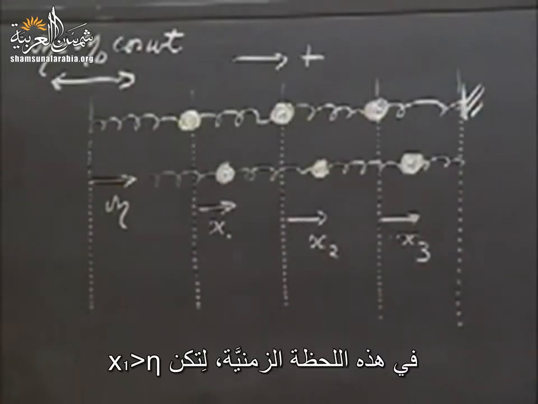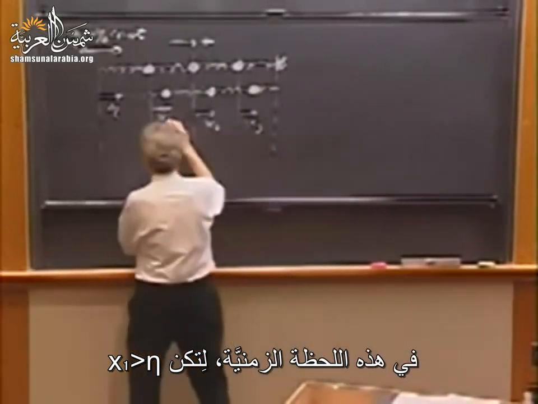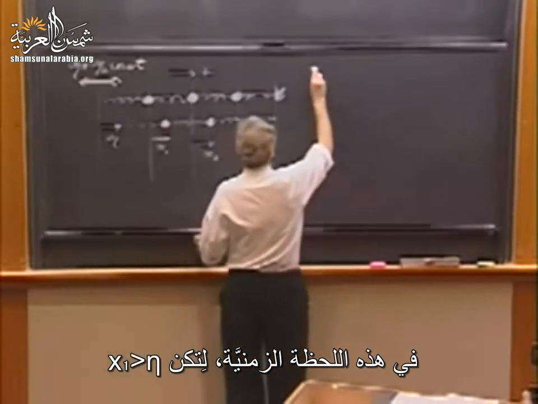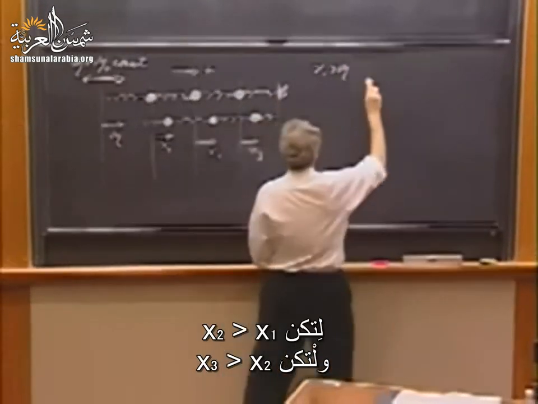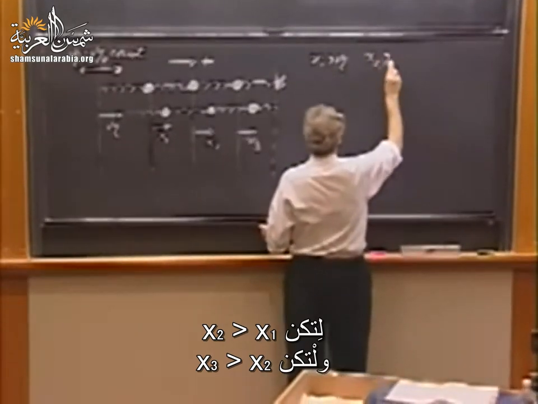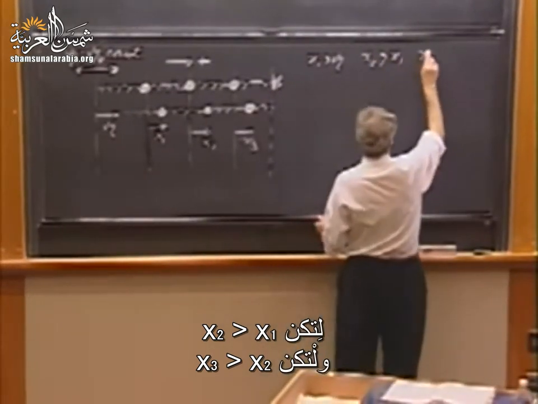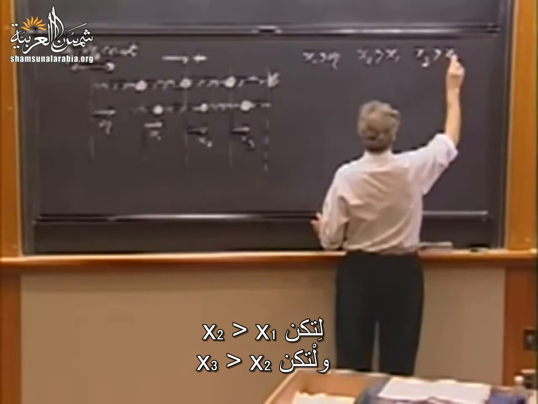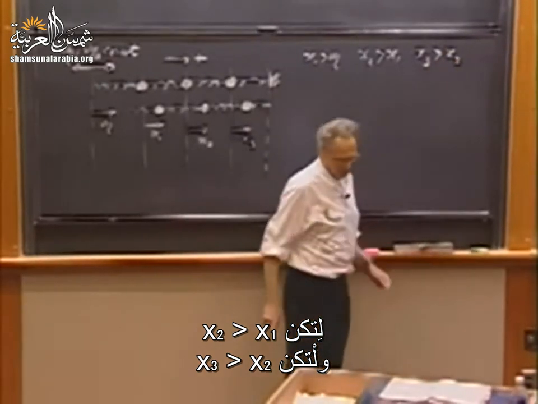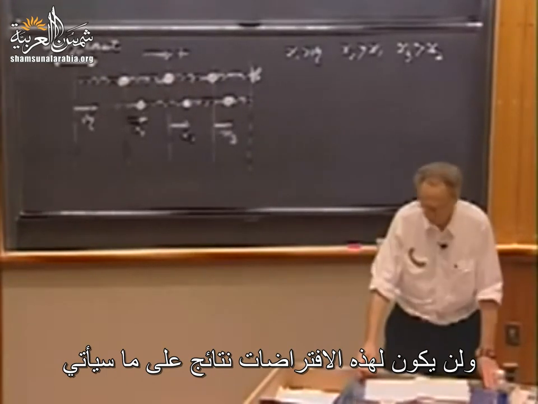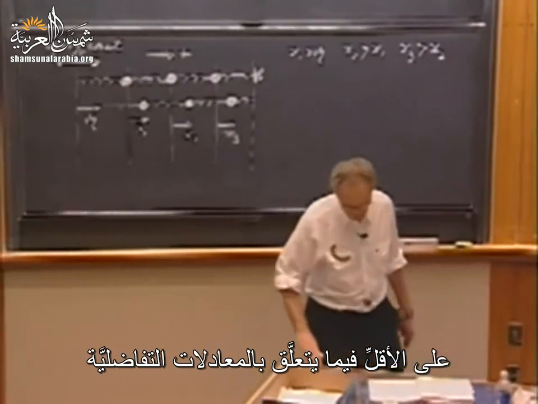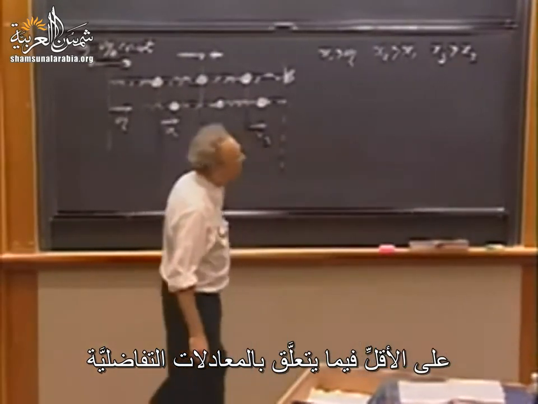Now, at this moment in time, let x1 be larger than eta. Let x2 be larger than x1, and let x3 be larger than x2. And this assumption will have no consequences for what follows, at least not for the differential equations.